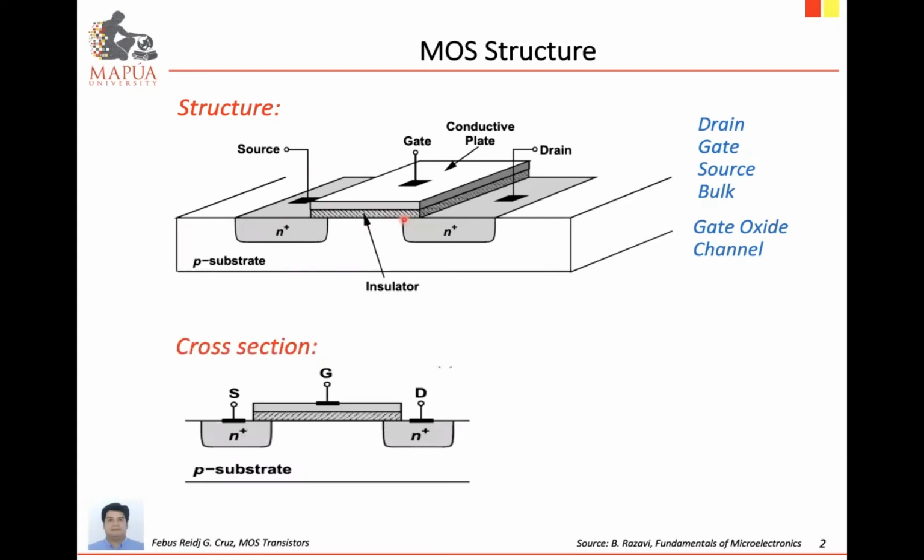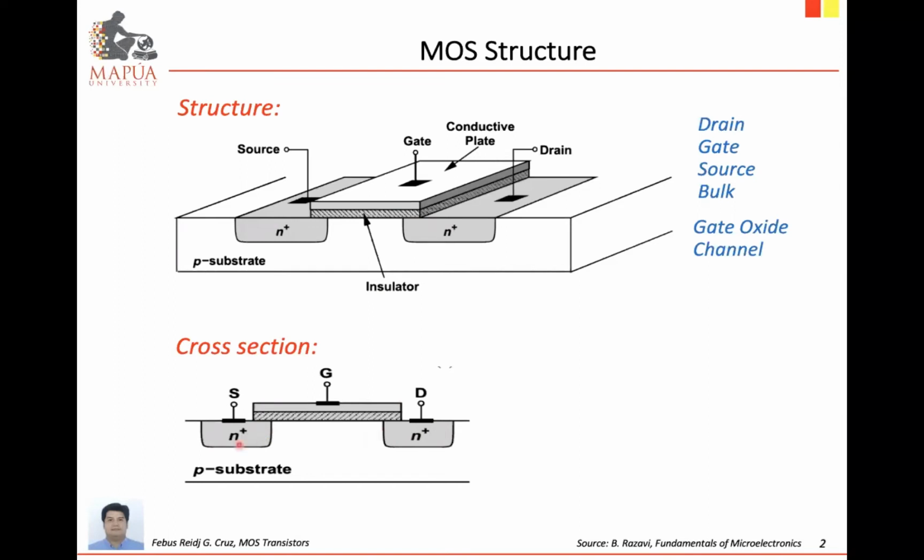This is the cross-section view of the MOS structure, or the metal oxide semiconductor structure. You have the drain terminal connected on the N+ region, and the source terminal connected on another N+ region. So this is actually an N-channel MOS device, or an NMOS device, or you can also call it an N-channel MOSFET, metal oxide semiconductor field effect transistor.